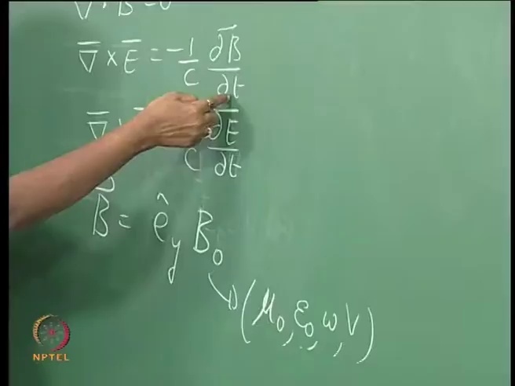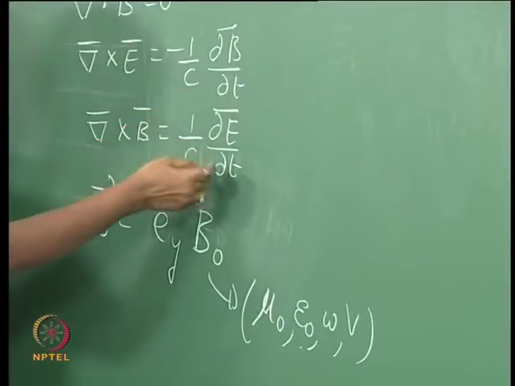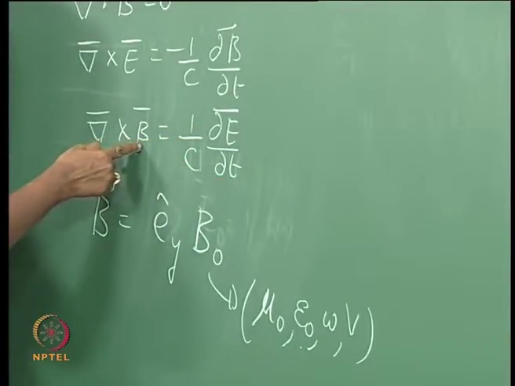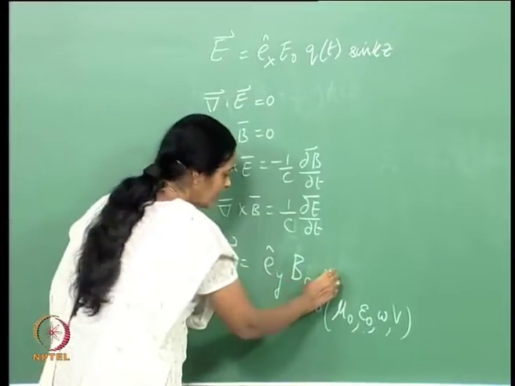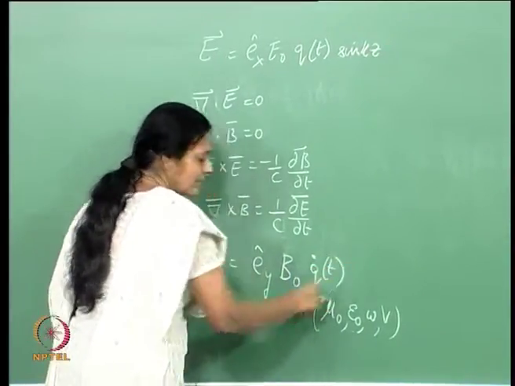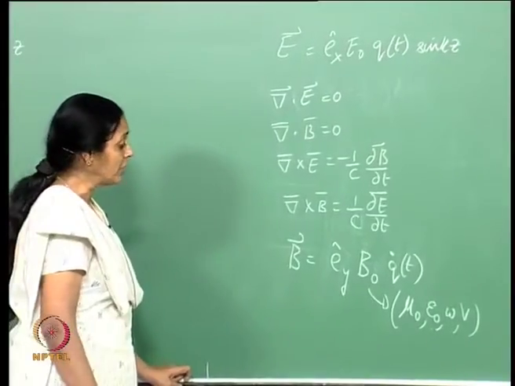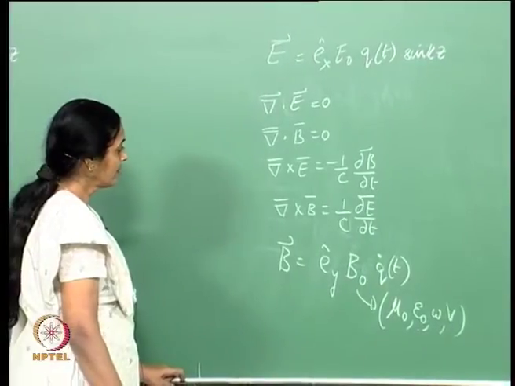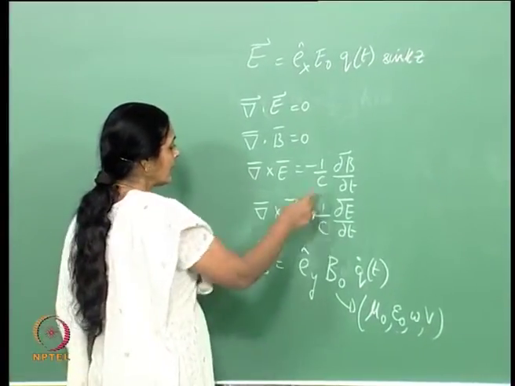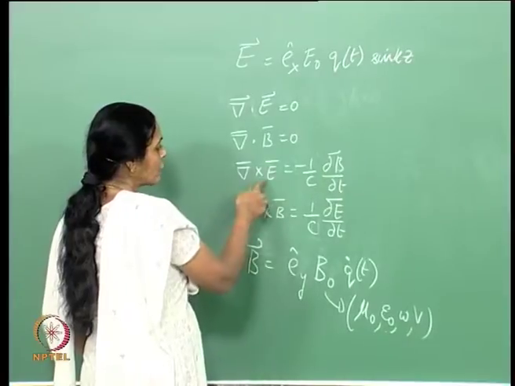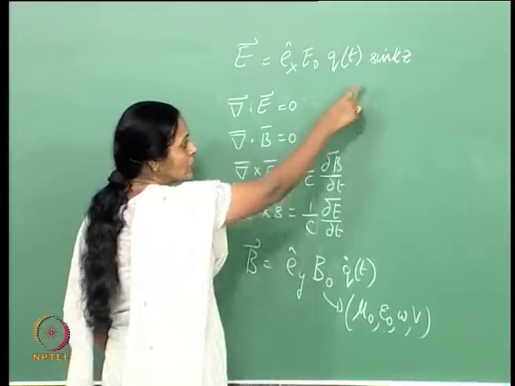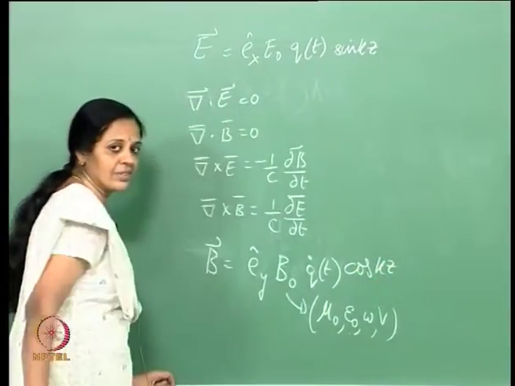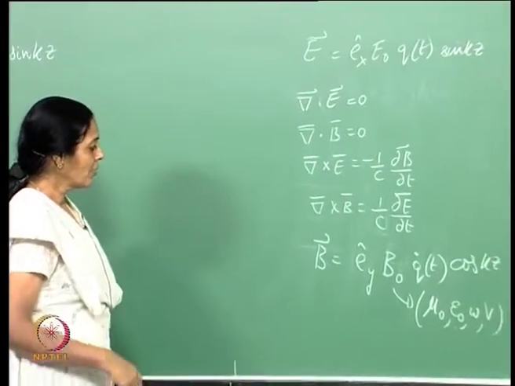This equation here tells me that delta E by delta t is related to the curl of B. So the time dependence of B is going to bring about a q dot of t that sits here. And then it is clear that the space dependence of B comes from a del cross E, which means the derivative of the sine term will appear, and therefore that gives me a cos kz. So this is the way I write B.